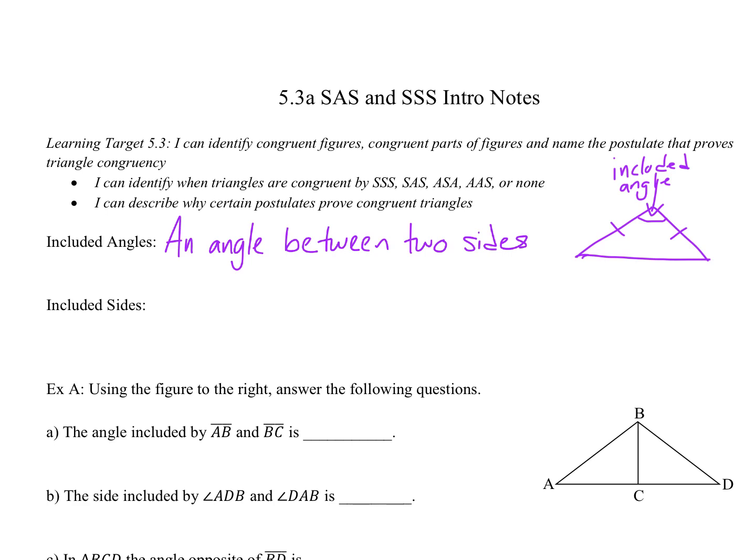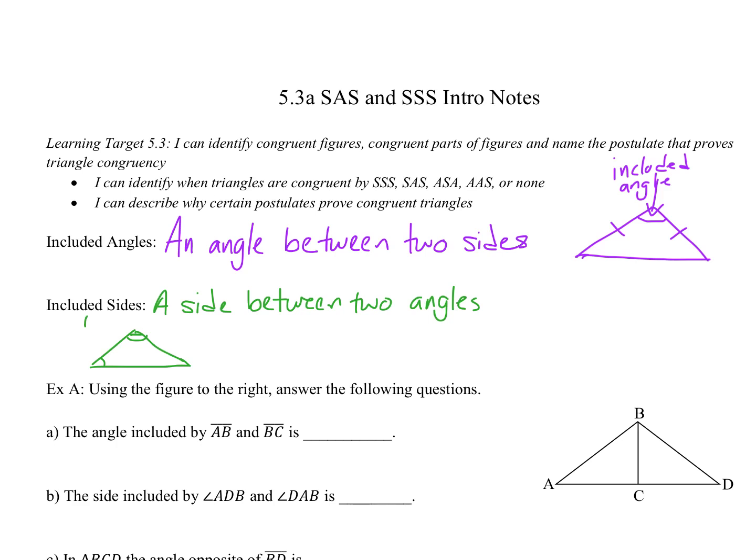Then we can also have included sides, and that's when it's a side between two angles. So in a triangle, if I have two angles, then this is the included side.